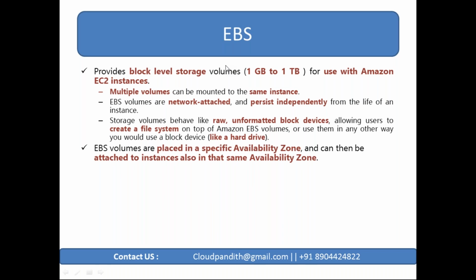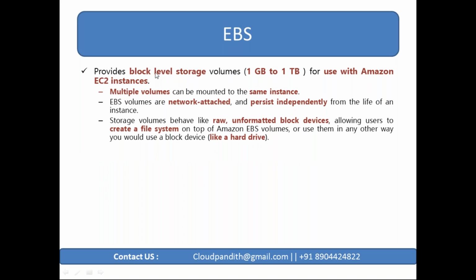Let's say suddenly the EBS volume is not accessible, or you lost this EBS volume, you no need to worry. They keep taking backups from this block storage, and these backups they store in S3. S3 is nothing but unlimited storage. There they are going to keep all these snapshots.